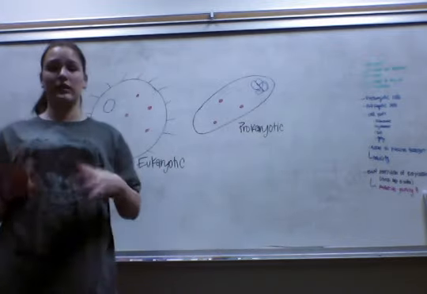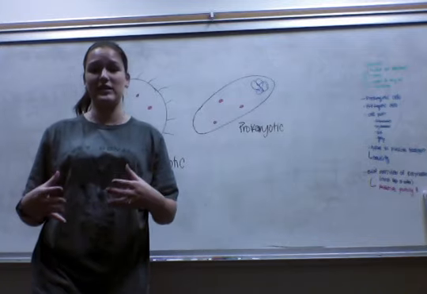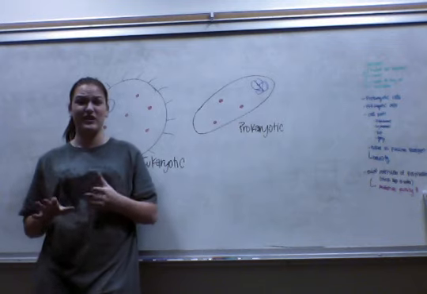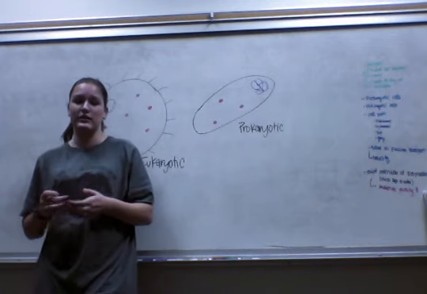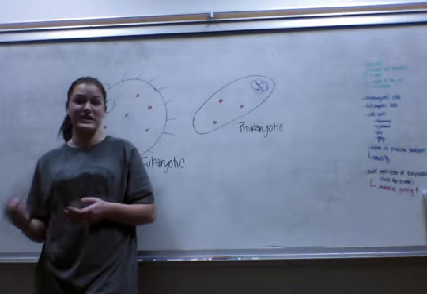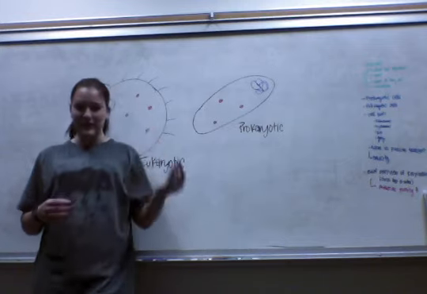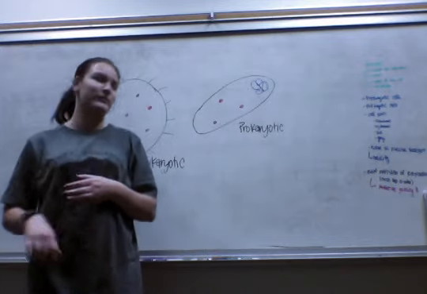So I want to go a little bit more over cell parts. Like I said, I'm not going to go super in depth into it, but I would suggest making flashcards for it. I feel like that would really help if you're not someone that learns through memorization super well. I'm going to try to make this review perfect and make it awesome for you so you understand a little bit better.